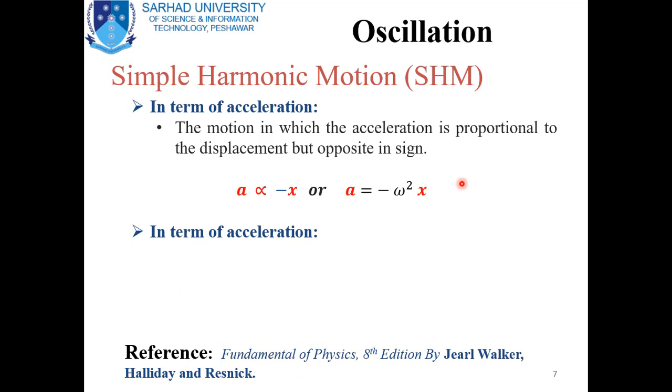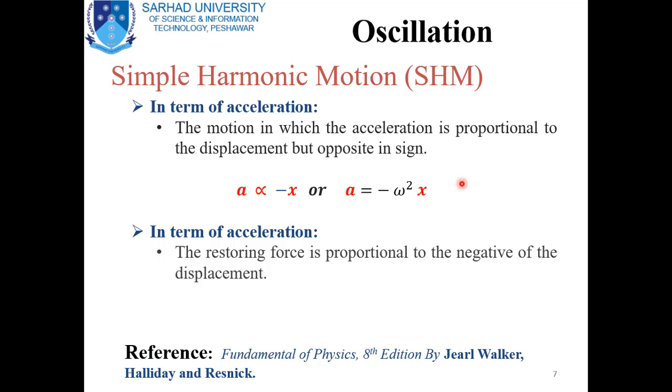In terms of force, it can be defined as any vibrating system where the restoring force is proportional to the negative of the displacement is in simple harmonic motion. The body which performs SHM, simple harmonic motion, is known as the simple harmonic oscillator.